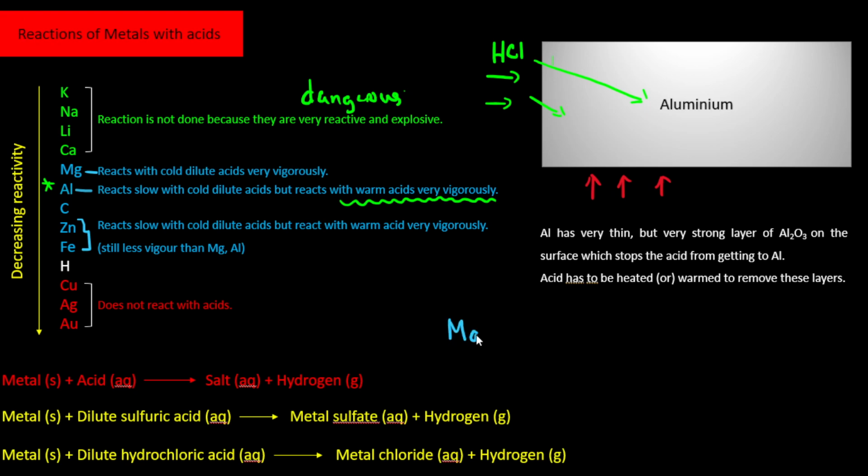If you react magnesium solid plus sulfuric acid, you will get magnesium sulfate, which is aqueous, plus hydrogen gas. You can follow the same steps for others as well.